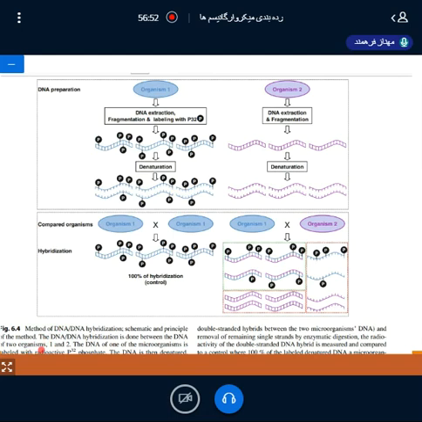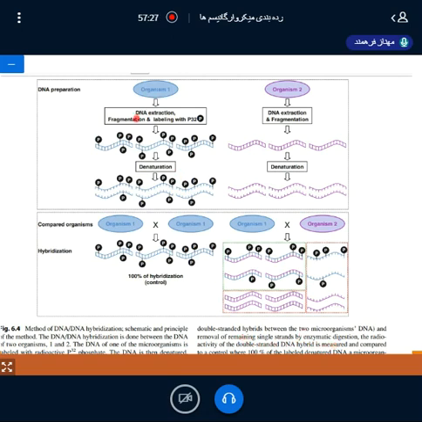As I told you, one organism is known and another is unknown, here numbered 1 and 2. The DNA of one organism is labeled with radioactive phosphorus 32, and the DNA is then denatured, double-stranded hybrids form between the microorganisms, and the remaining single strands are removed by enzymatic digestion.